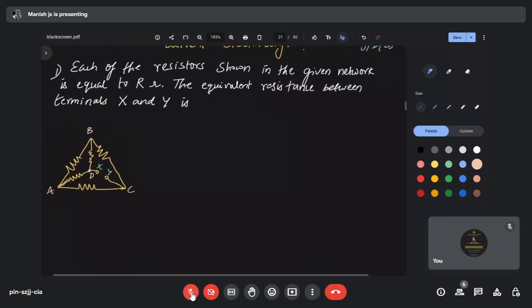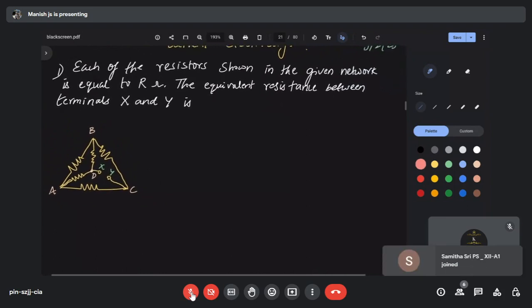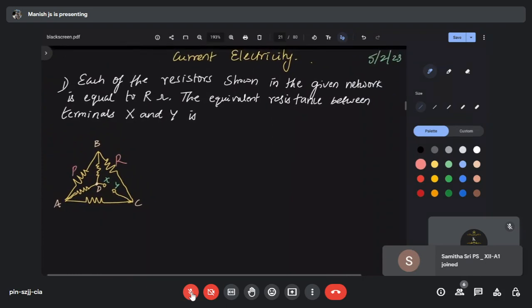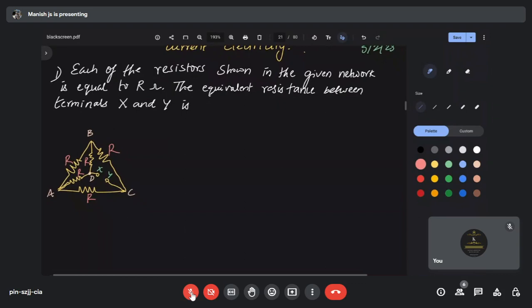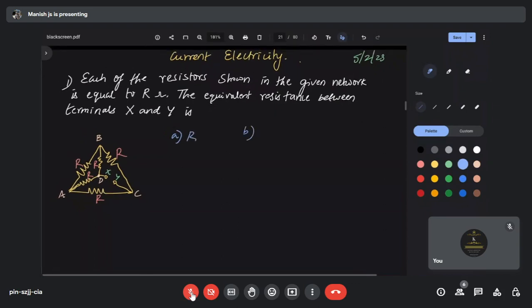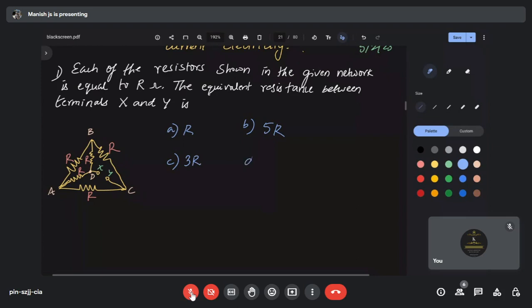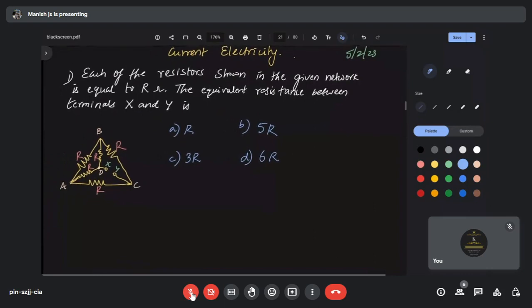So this is the figure. Each and every resistor value is R, capital R. Everything is R. You will have to calculate the resistance across XY. Here come the options. Option A, R. Option B, 5R. Option C, 3R. And option D, 6R. Yes, try it.